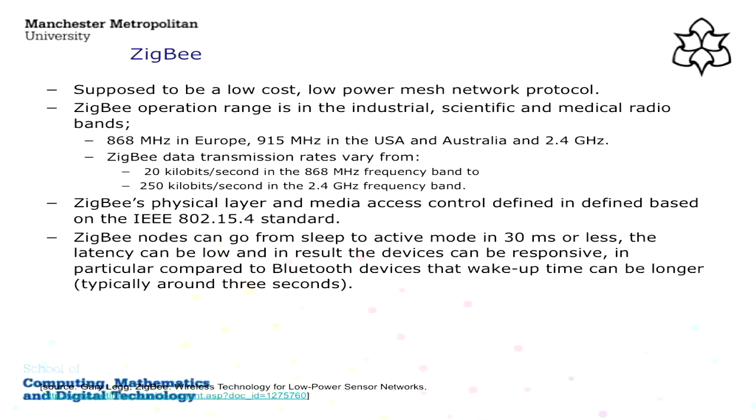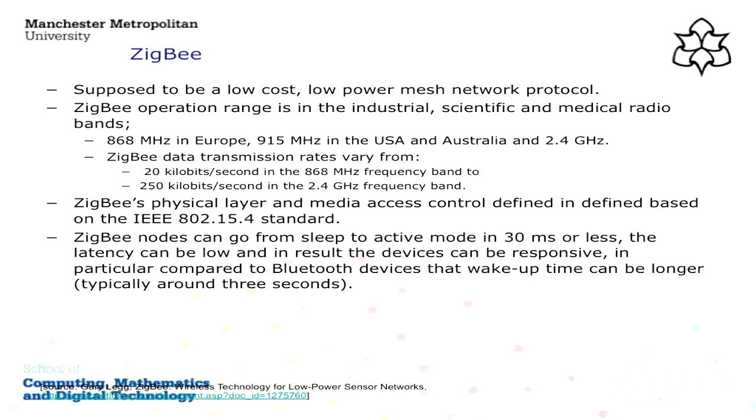You will find Bluetooth as well, and you will find Wi-Fi, but this tends to be the dominant one. A slight bit there for the numbers people about what megahertz it's working on, but how fast can it send its data? 20k per second at some frequency, 250k per second at another frequency.